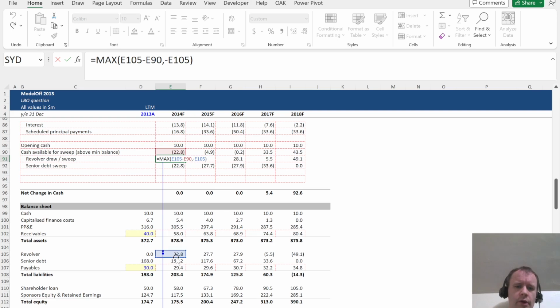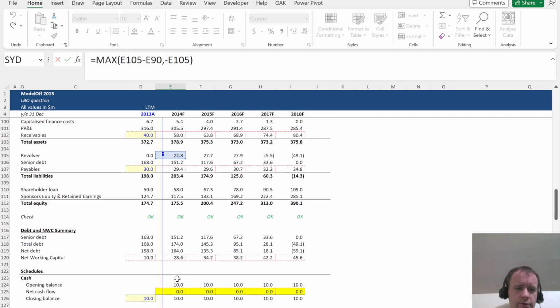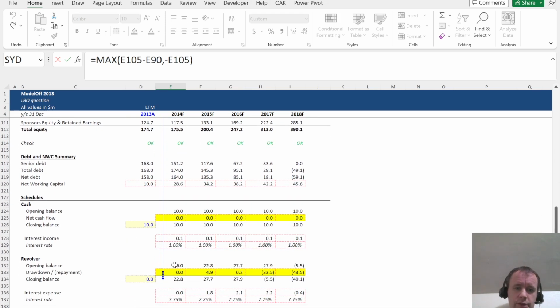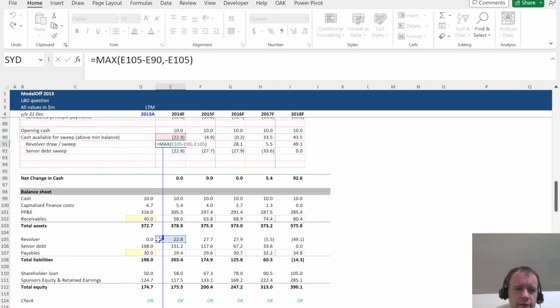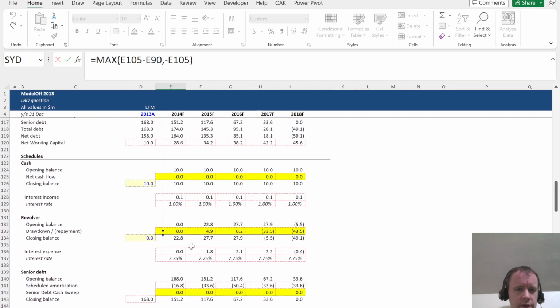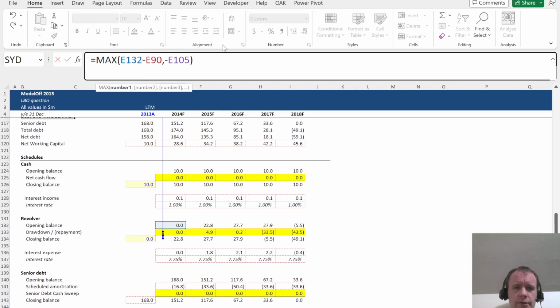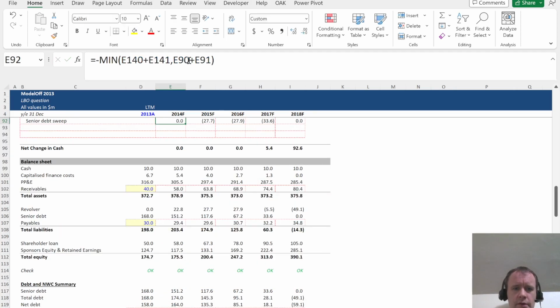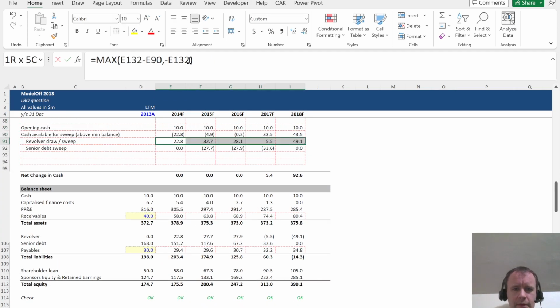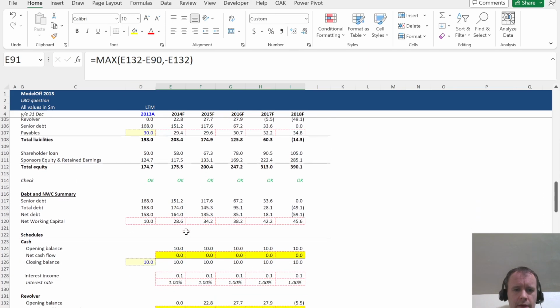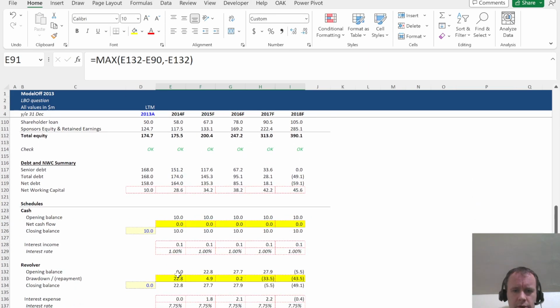Where I meant to be pointing at the opening revolver balance, I was thinking of the top of this schedule, which is the opening balance, but I was actually pointing at the top of this block of the balance sheet, which is the closing balance. So instead of row 105, which is creating the circularity, I want to be referring to row 132. So we'll fix that here and fix that here. And that's better. And we'll copy that across. And then we'll copy this across.